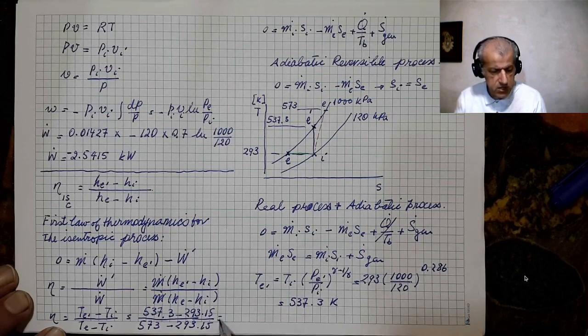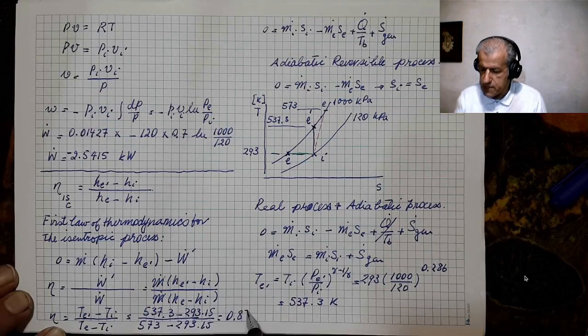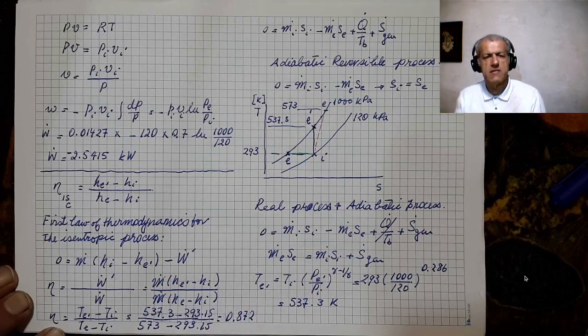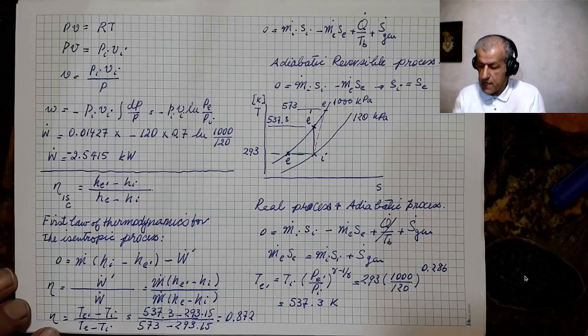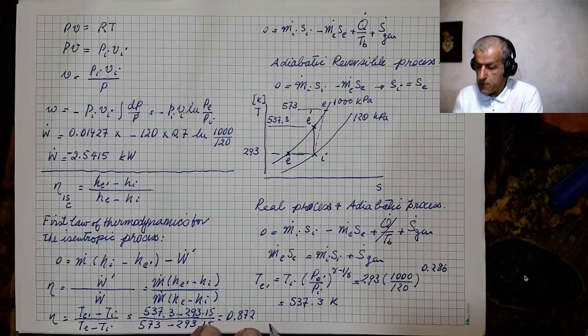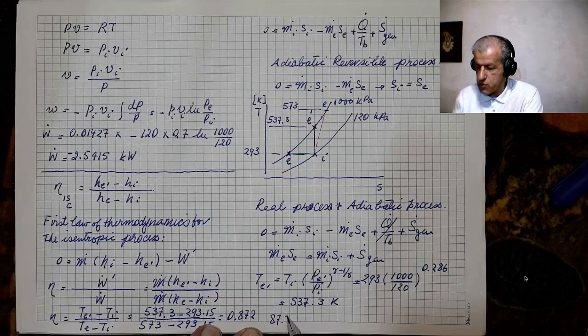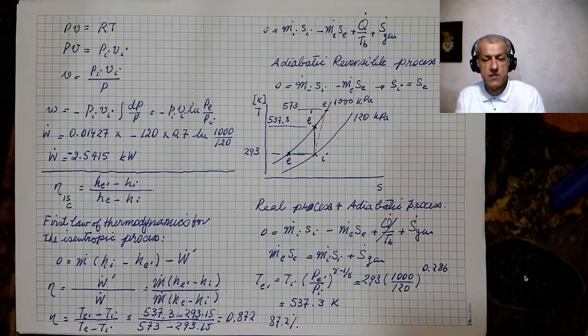That doesn't make much difference, and the outcome is 0.872. That means the efficiency of this compressor is 87.2%. That's the compression efficiency for this compressor.